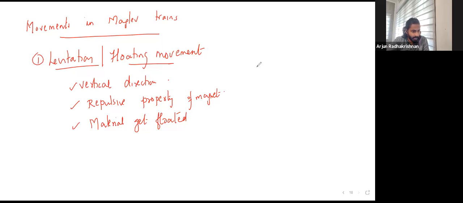So we will keep this magnet in vertical direction. See, suppose this is the train cabin. And then we have concrete slabs in which the train runs. Suppose this is the concrete slab.